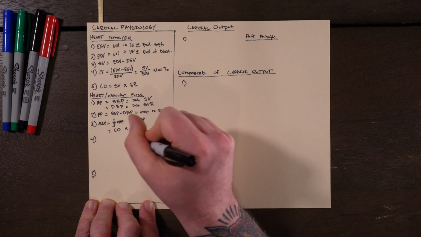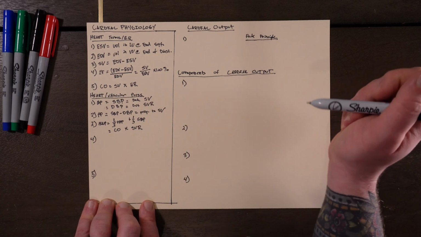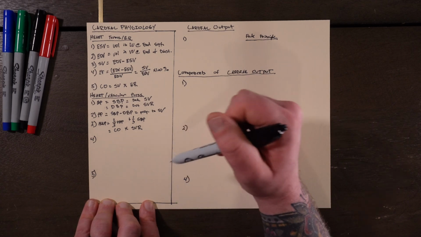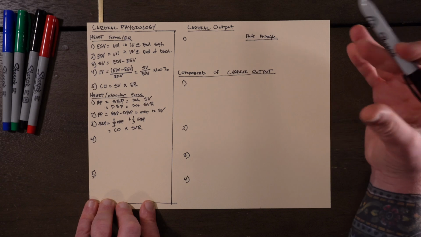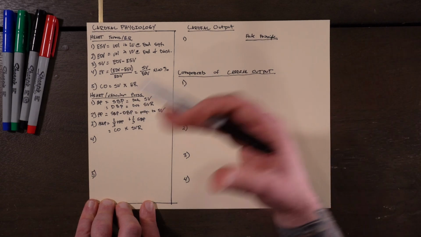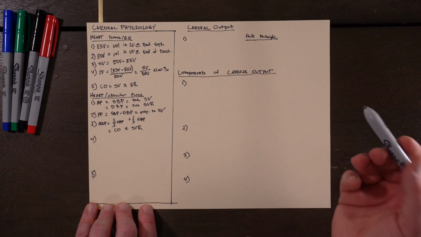Systemic vascular resistance is also sometimes called total peripheral resistance. So you may see it abbreviated SVR, it may be TPR, but it's the systemic resistance exerted by the vasculature at baseline, okay? So what is SVR, right?